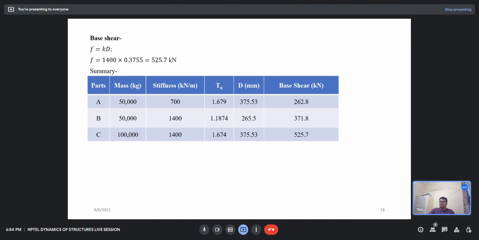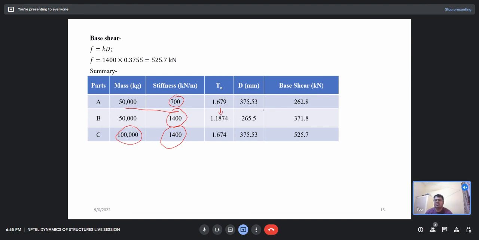So this is a summary. In part A, mass is given to you as 50,000 and the stiffness is this, and in the second part the stiffness is doubled, and in the third part both things are doubled. So if the system is stiffer, then the time period decreases.